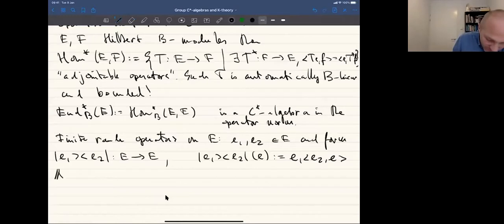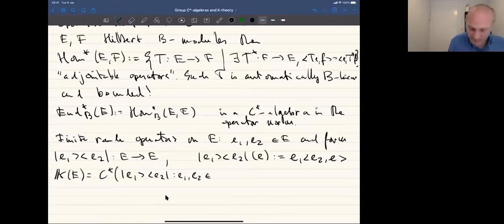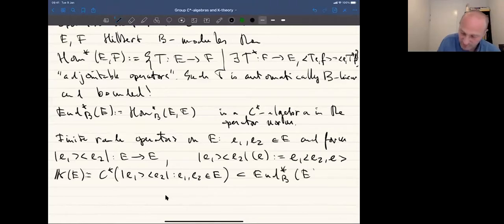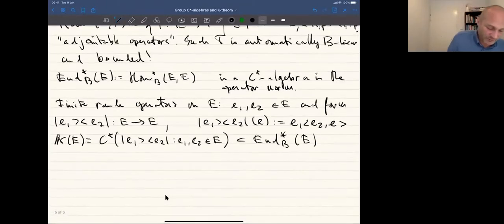In a Hilbert space, this would be a standard rank 1 operator. Now, we can take the C-star algebra spanned by these elements by definition, and this is a subspace of the adjointables, which needs the following quick check.